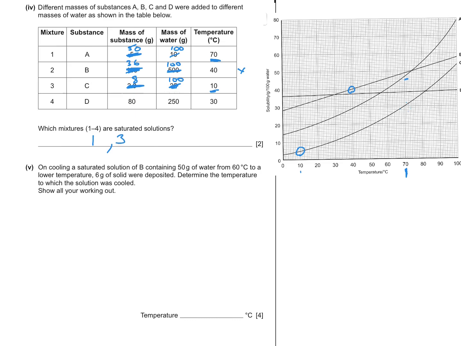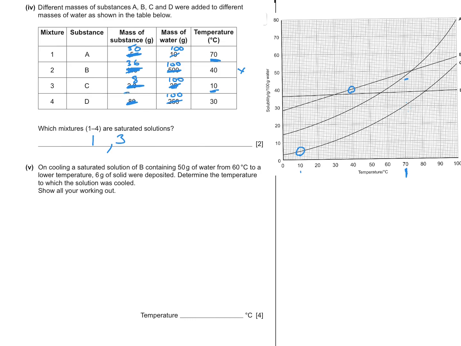And then finally, we'll have a look at D. At 250, I need to convert that to 100. What you can do here is just divide by 250 and multiply by 100. And therefore you do the same here. Just divide by 250 and multiply by 100.